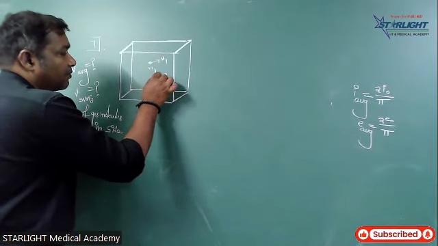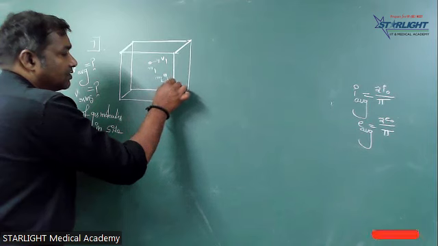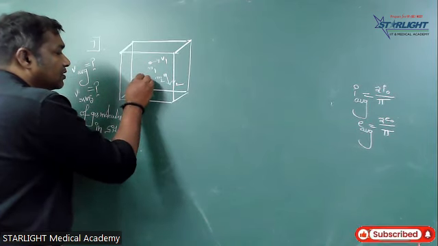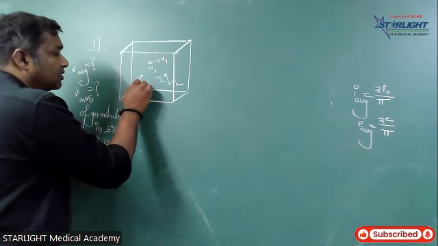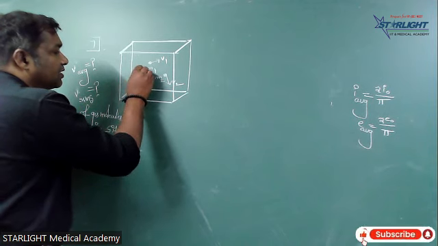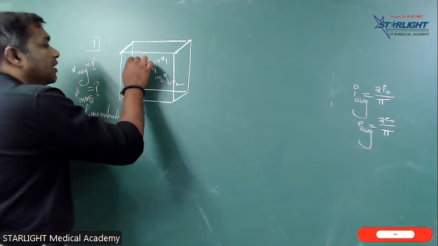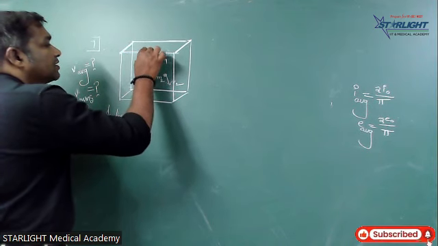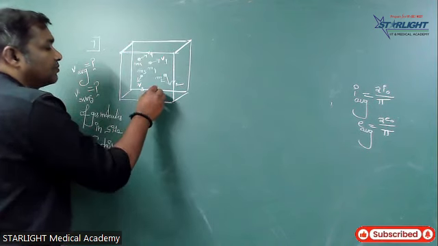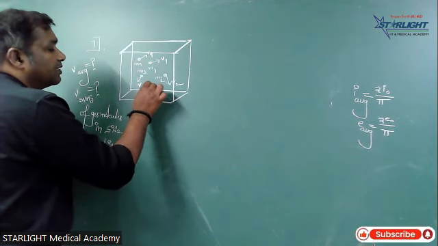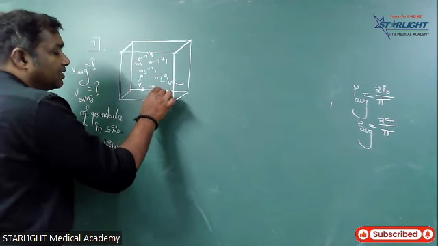So m2 mass, velocity v2. m3 is mass m3, v3 velocity. m4, its velocity v4, and so on. So many, mn, its velocity vn.